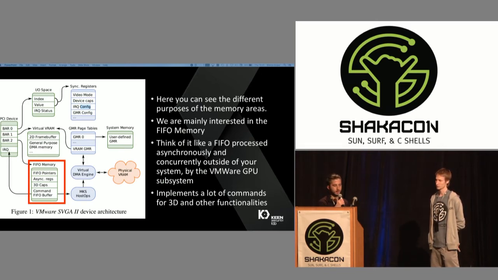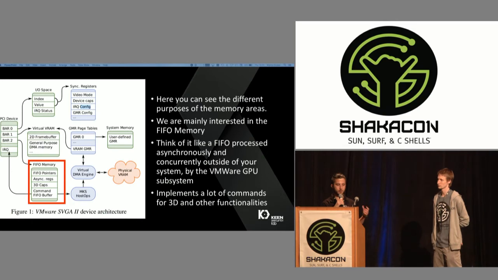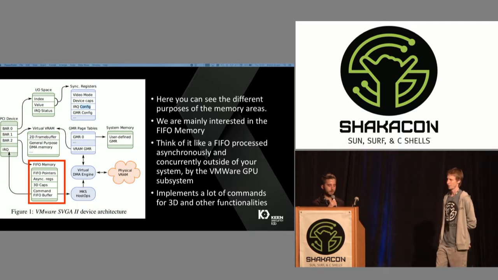So you can think about this GPU and this queue as an asynchronous CPU running in parallel to your traditional CPU. So you just write your 3D commands in here, and you wait for the GPU to process them.